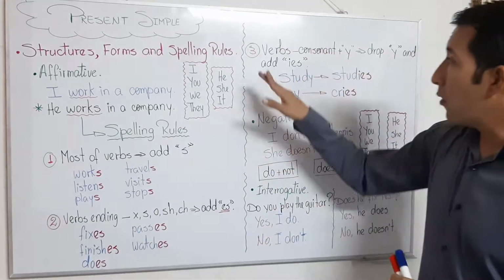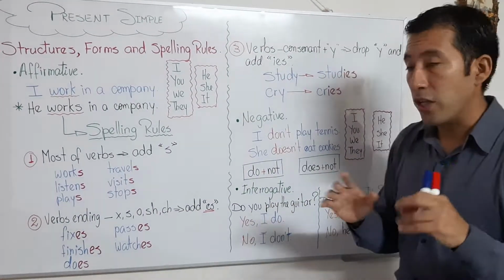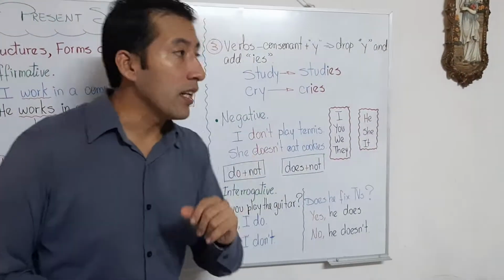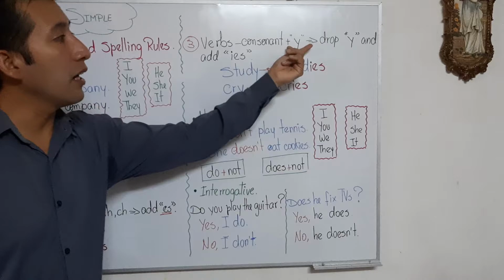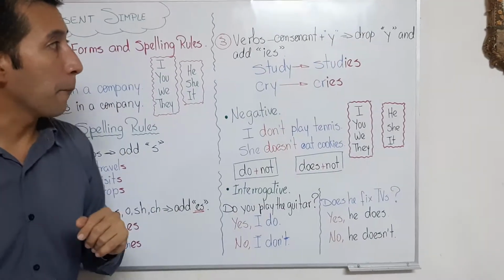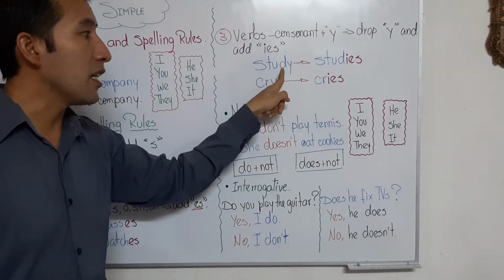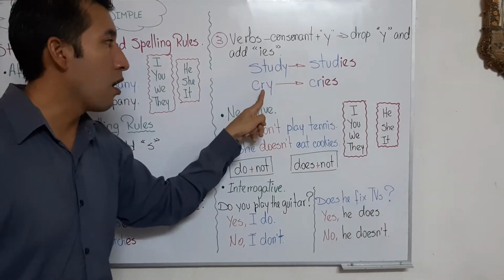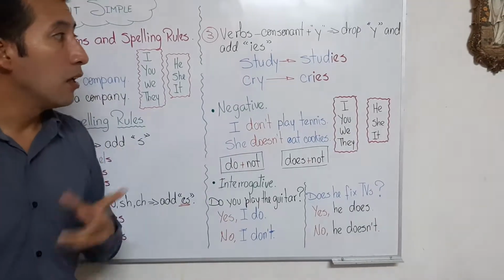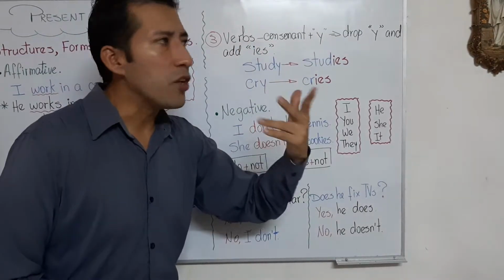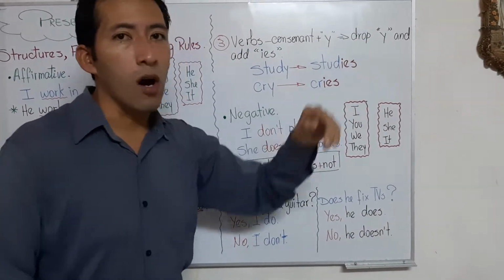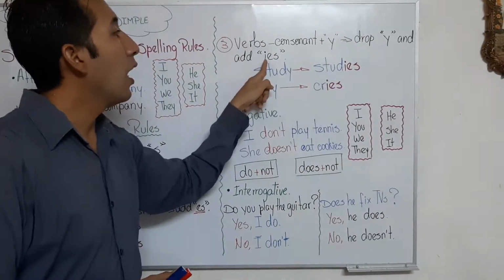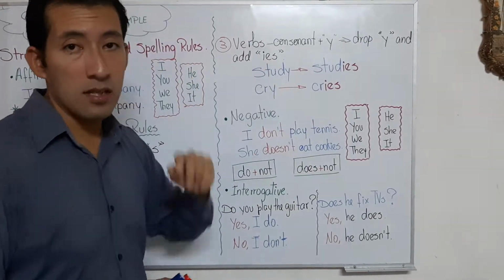Number three. This is our last point. Verbs whose ending is a consonant and the letter Y, like study, consonant and Y, or cry, consonant and Y. What do we do? We drop the letter Y and we add IES.